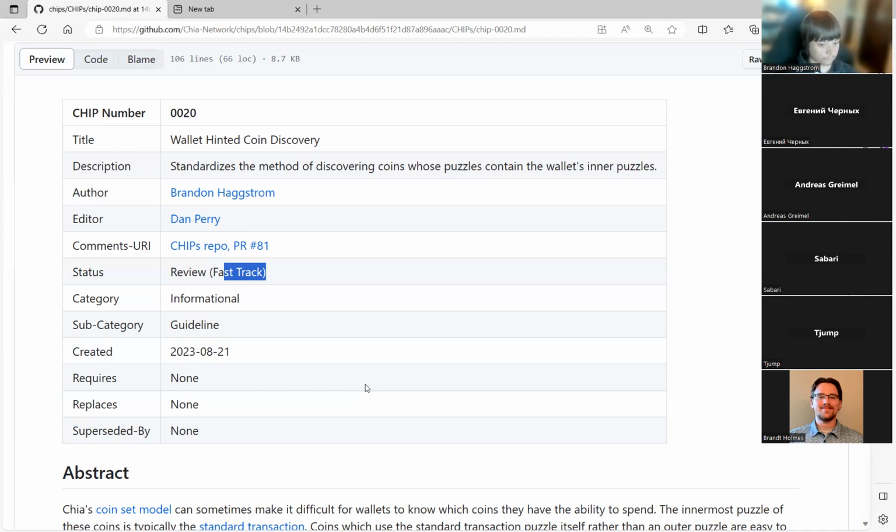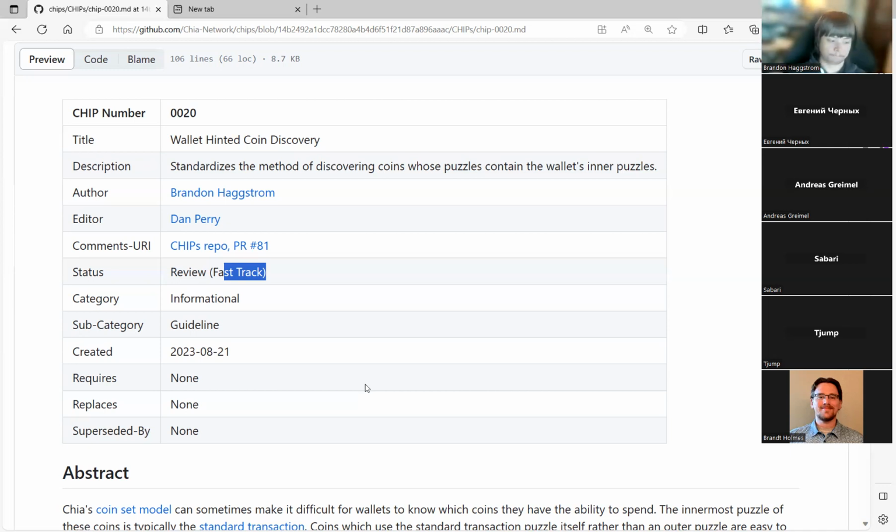And what if there isn't an inner puzzle? Does that mean you should always start at index 1 for any non-hinted coin? Like, you wouldn't hint a standard XCH transaction, right? So is there guidance on what a wallet should do for a coin that doesn't need hinting?